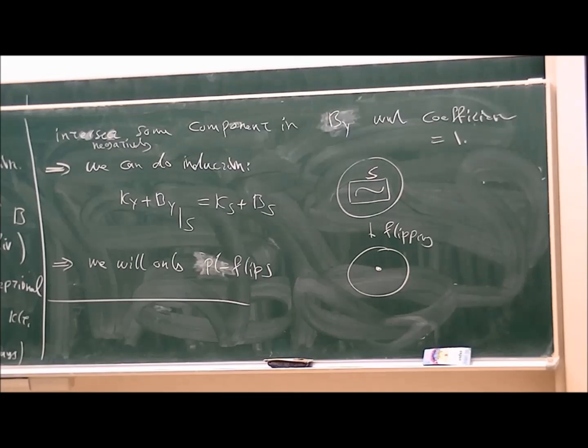So actually, that's not really the end of the story. You need to run this program. You show it terminates. Termination is again a completely inductive thing because you always have your flip inside some divisor, and then at the end you need a little bit of adjustment to arrive at the end.